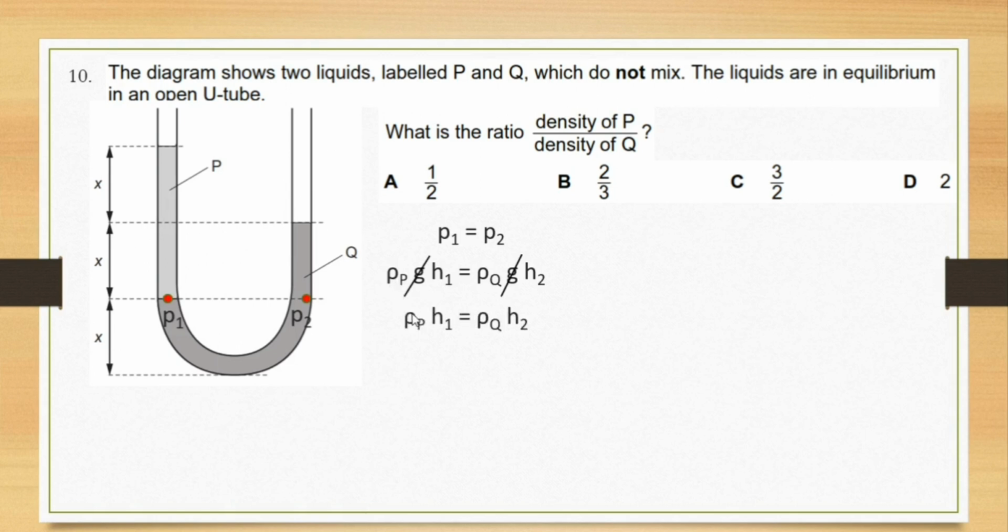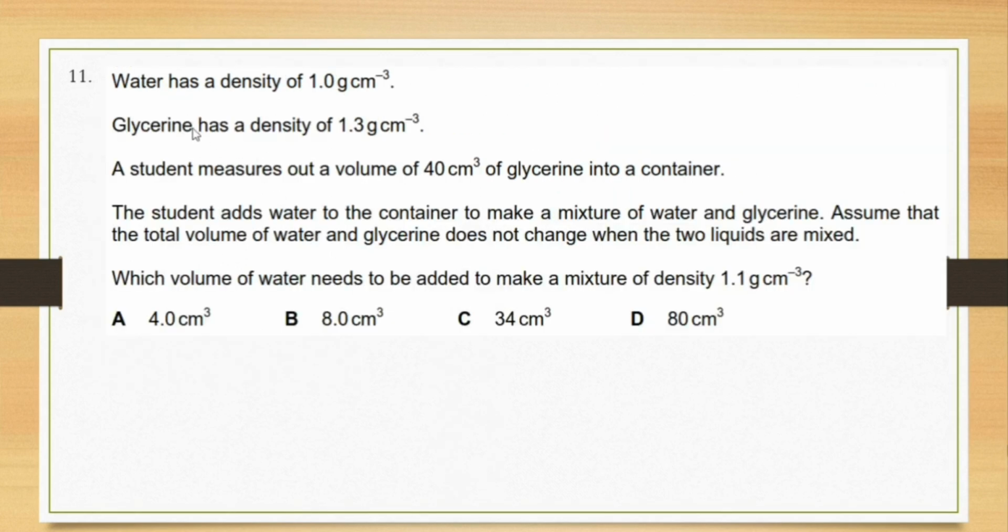So I have rho P times h1 equals rho Q times h2. We want to find the ratio of density of P over density of Q. So rho P over rho Q is equal to h2 over h1, where h2 is x and h1 is 2x. So rho P over rho Q will be a half. The answer is A.